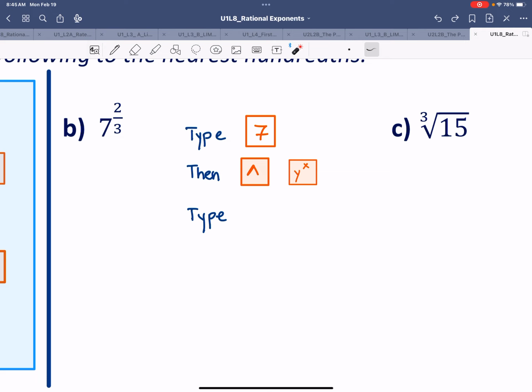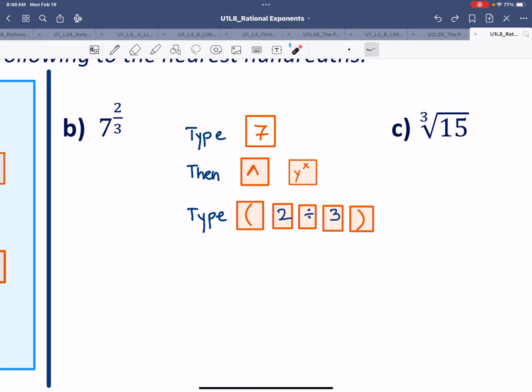Now this is where the story will change slightly. In order to enter the power of 2 over 3, it is important that we keep this in brackets, because the calculator won't recognize the BEDMAS rule otherwise. So we have to type brackets to keep the power that is in rational form in brackets. So press 2, press divide, press 3, close the brackets.